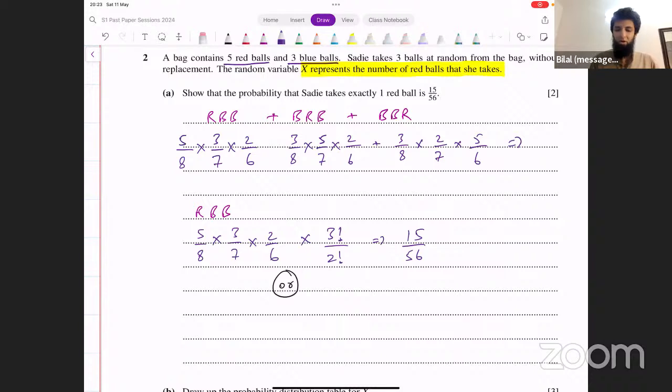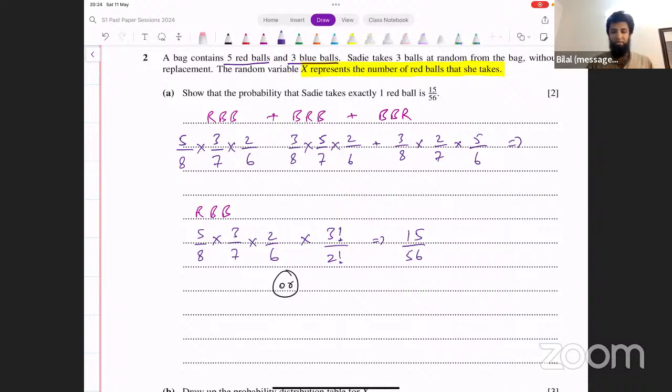You can say, okay, we want exactly one red ball out of how many balls? Out of 5 balls, sorry. These are 5 red balls. Okay, so you have 5 red balls, you want 1 red ball, and out of 3 blue balls, you want 2 blue balls.